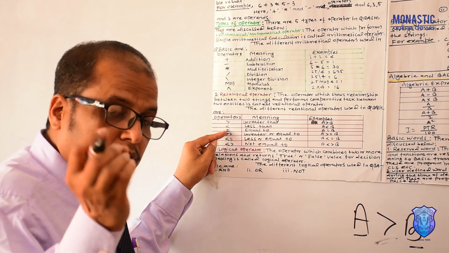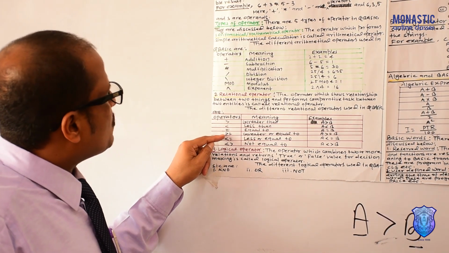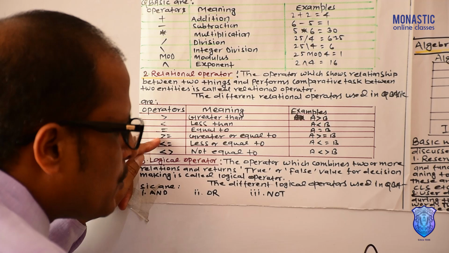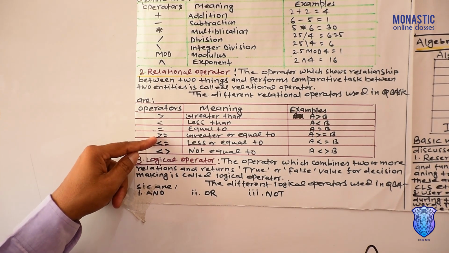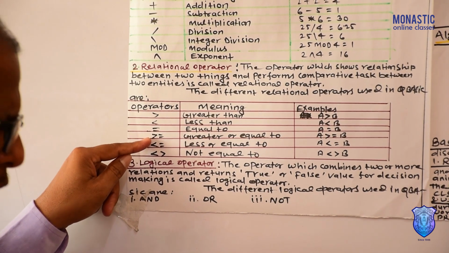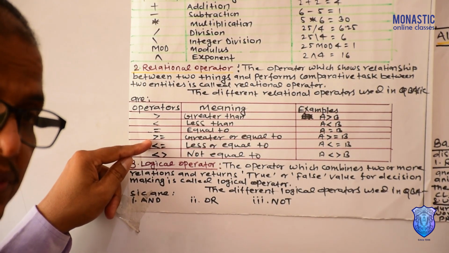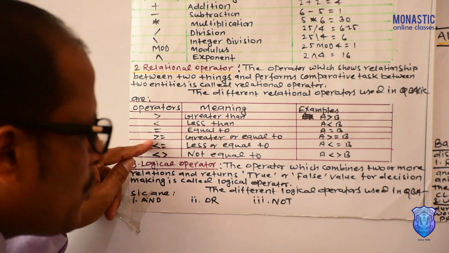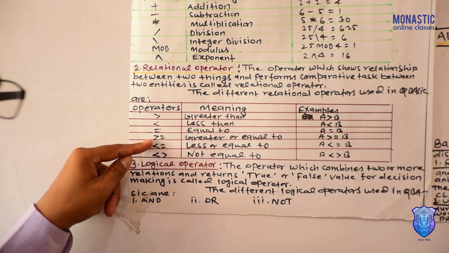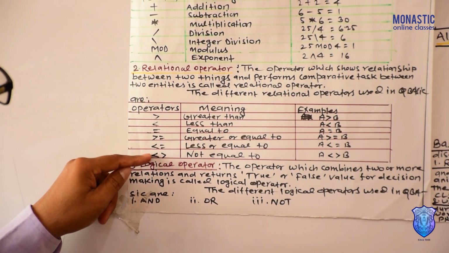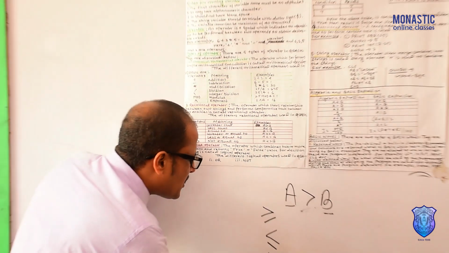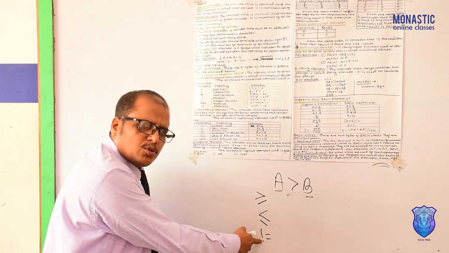Greater than or equal to is also like mathematics, but if you write it the mathematical way in QBASIC, it will be wrong. Similarly for less or equal to, and not equal to: the mathematical way of writing is wrong in QBASIC.